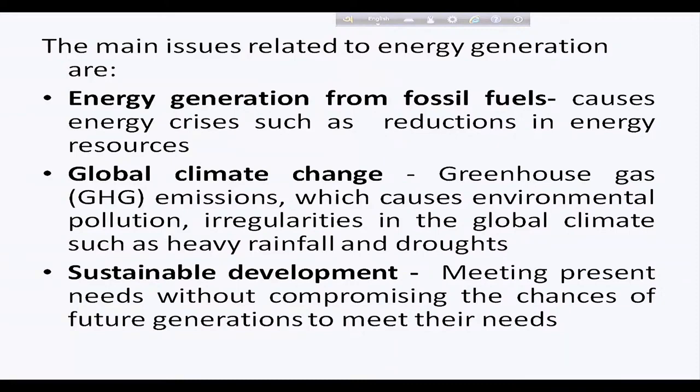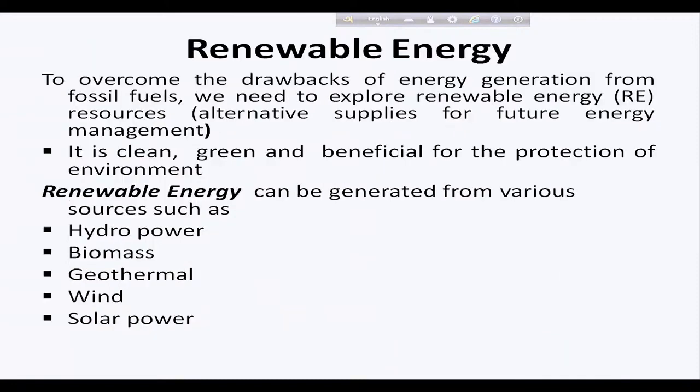One of the drawbacks of the existing energy generation system that is dependent on fossil fuels is already known to you. So we need to explore renewable energy sources, which are the alternative supplies for future energy management.